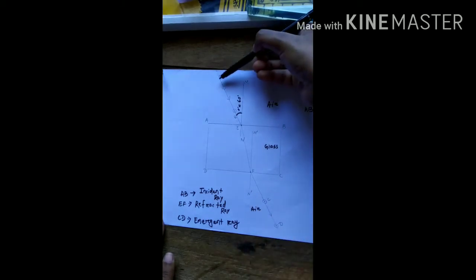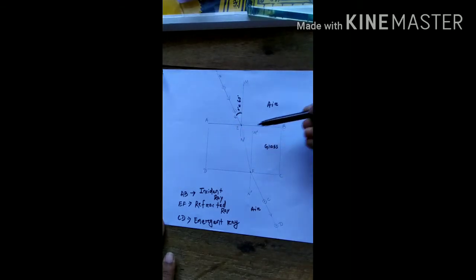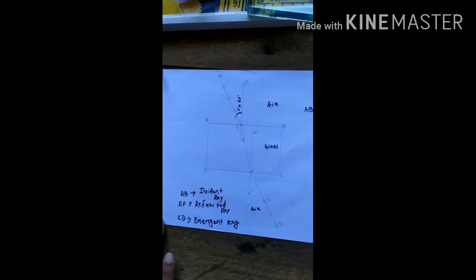When the incident ray comes from the air medium and is incident on the surface of glass, air is the rarer medium and glass is the denser medium. When a light ray comes from a rarer medium to a denser medium, it will bend towards the normal. You can see.